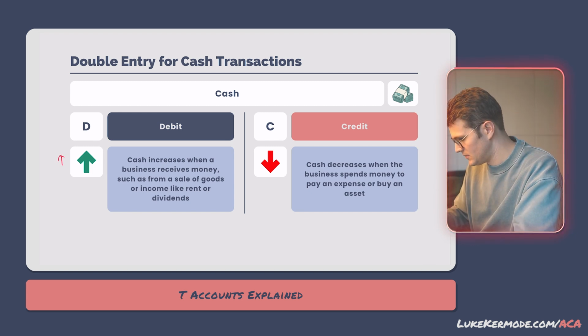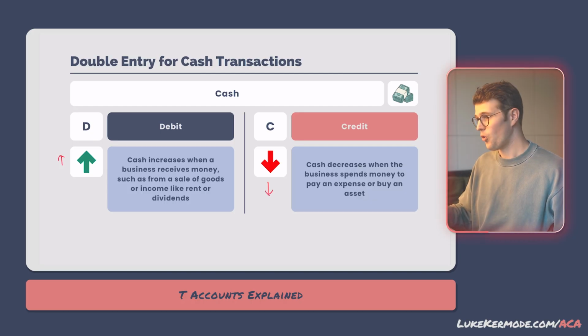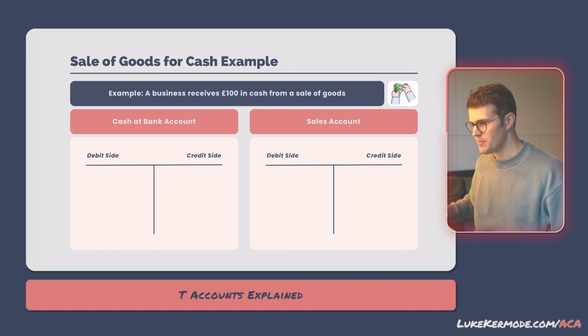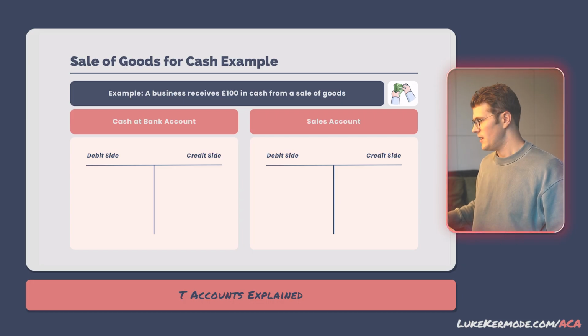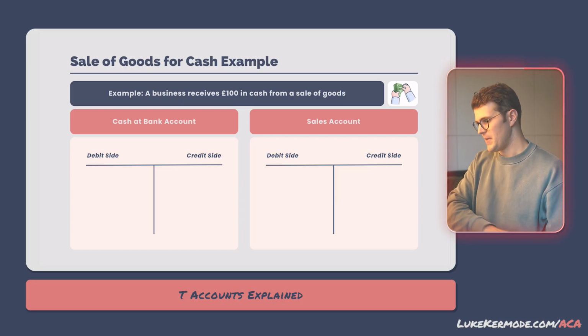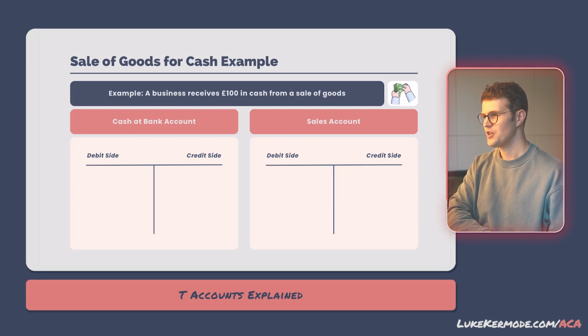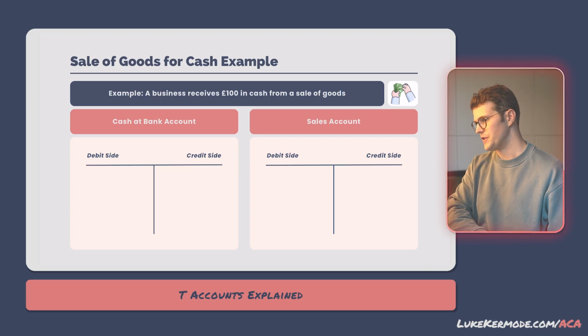Okay, let's now walk through four common examples involving the cash at bank account to see exactly how this principle works in practice. So in this first example, we're told that a business receives £100 in cash from a customer after selling goods to them.